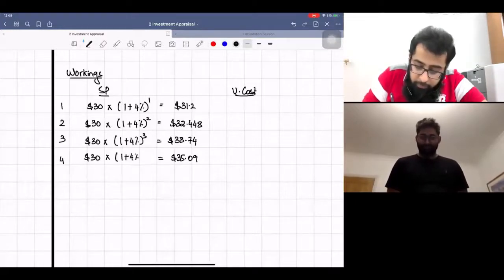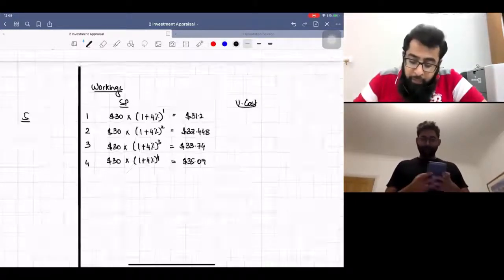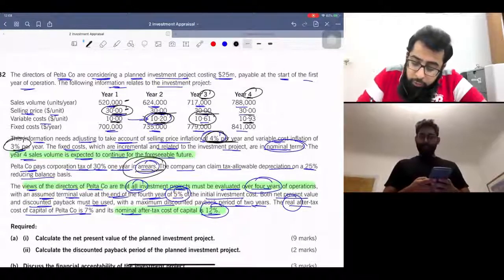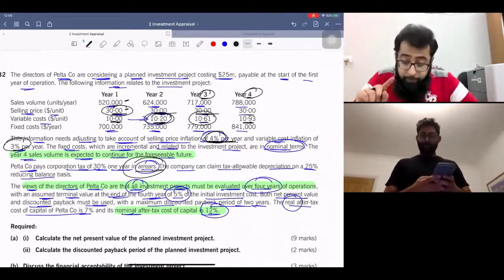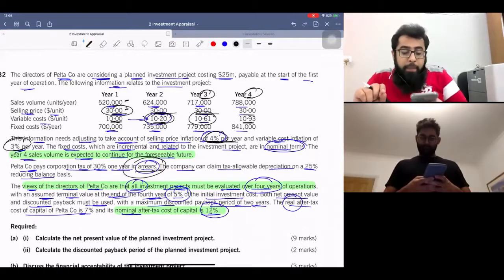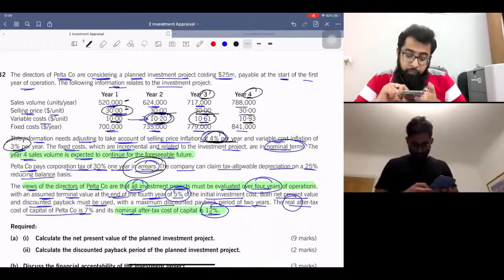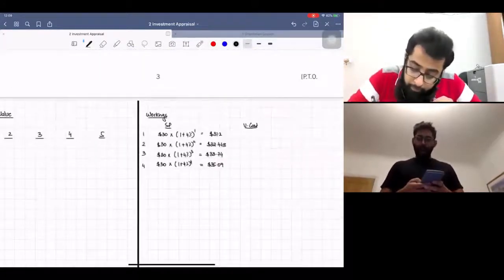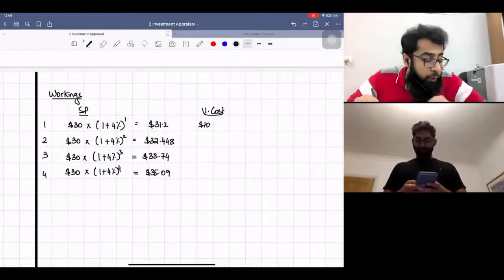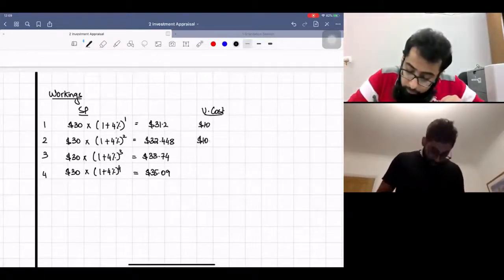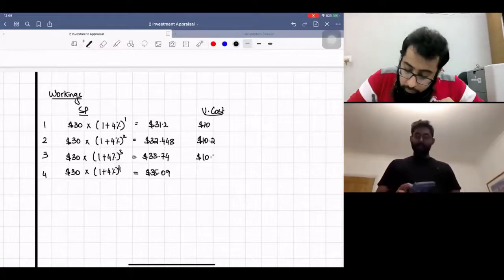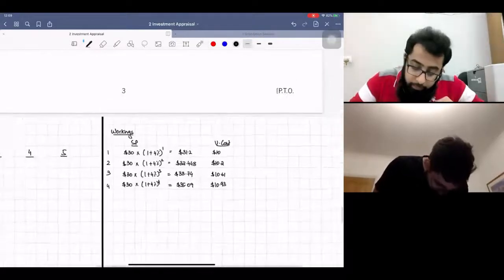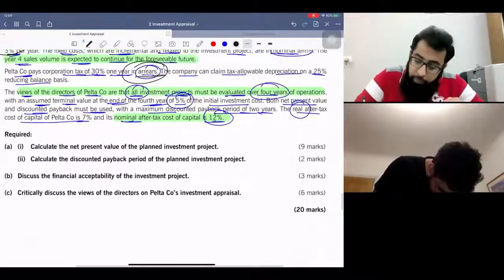1 plus 4% power 4. Okay, now if I talk about variable cost: 10, 10.20, 10.61, and 10.93. Each year the variable cost amount is changing. The variable cost inflation rate is 3% per year.